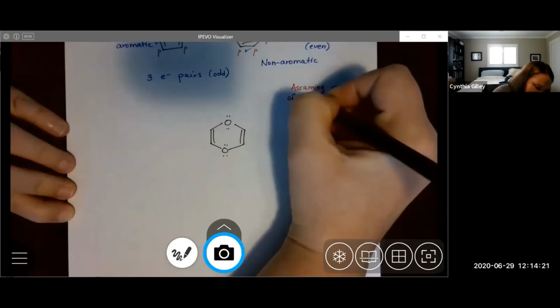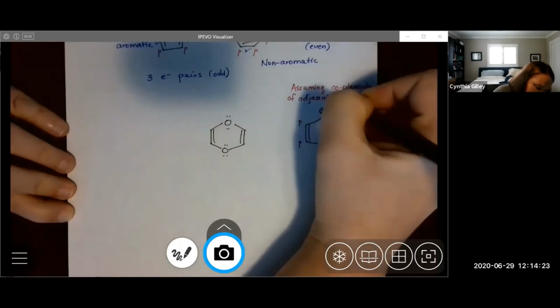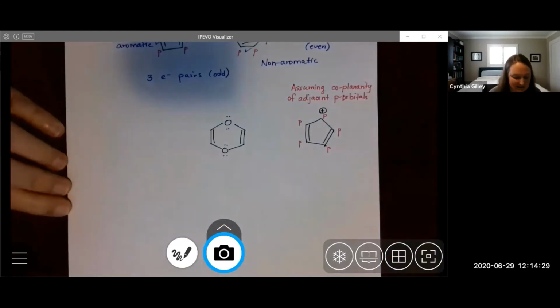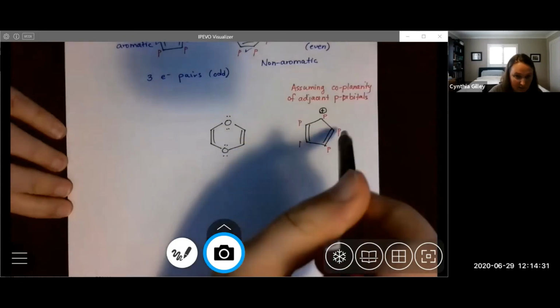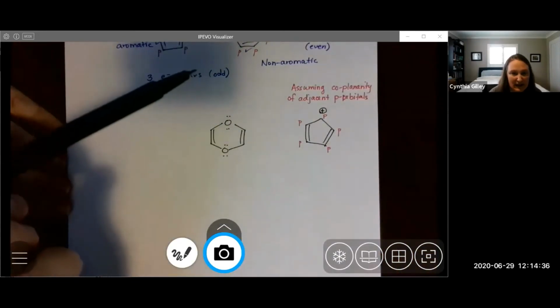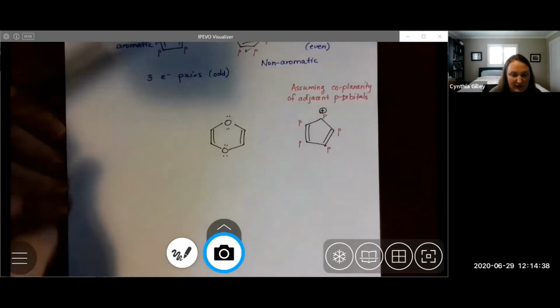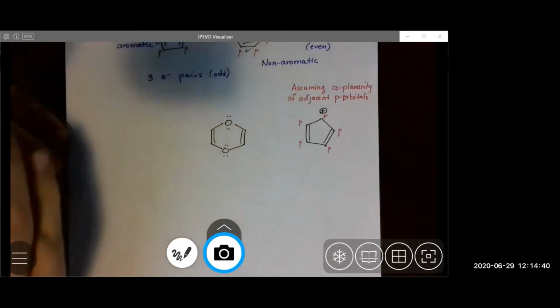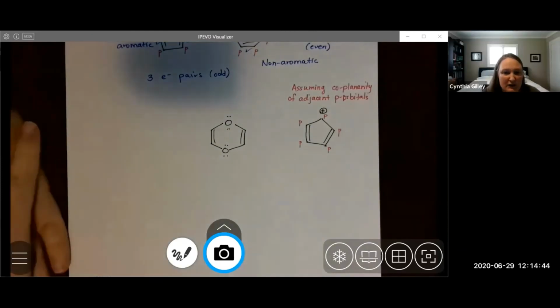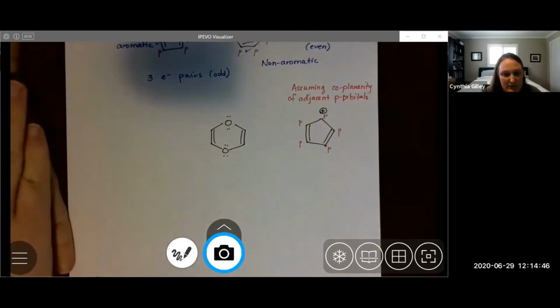It seems like a throwaway phrase, but really it's not. Basically what it's saying is if you have a p orbital, you assume they're coplanar, meaning that the molecule is planar. It has not adopted a different conformation. Because if it can adopt a different conformation to avoid being anti-aromatic, it will do so.